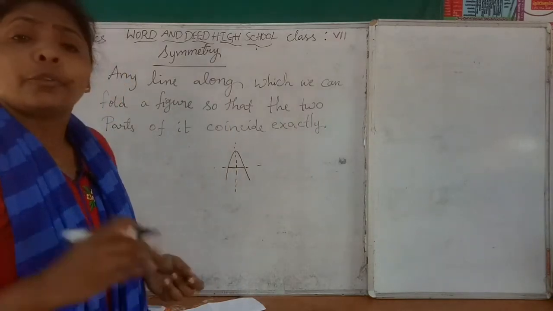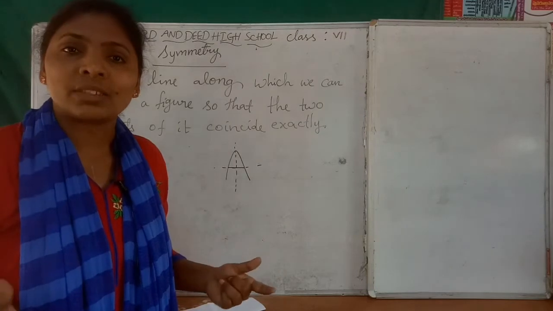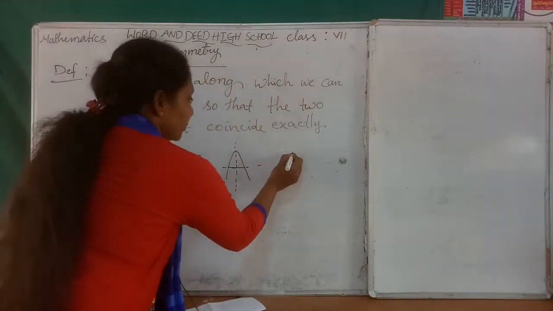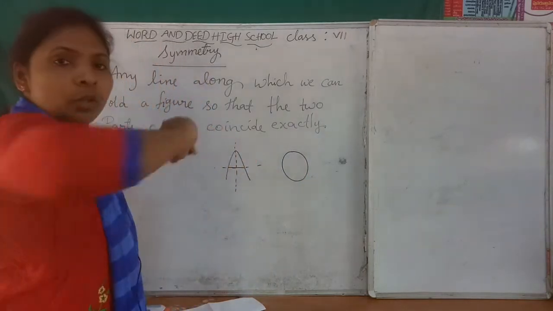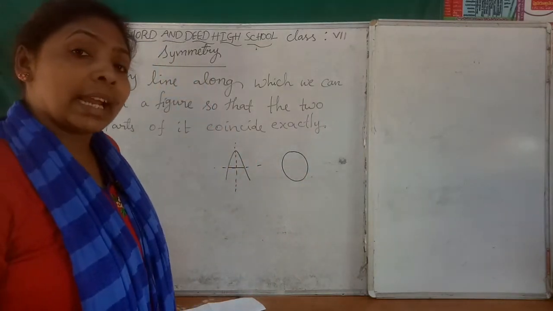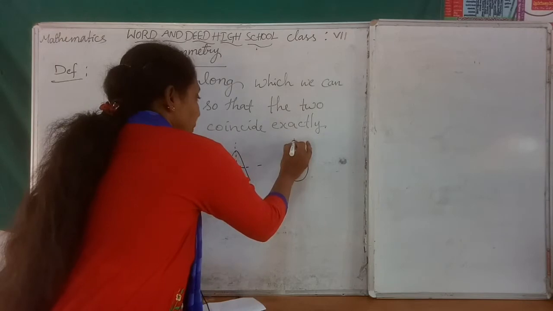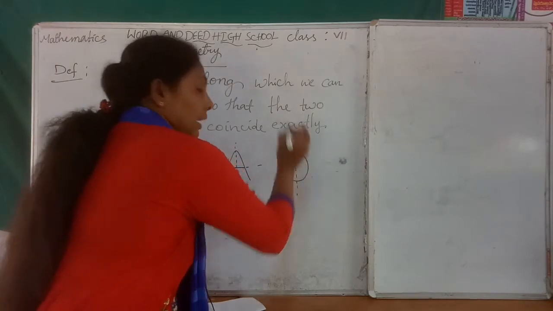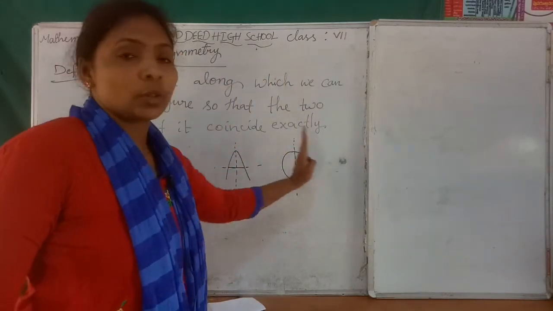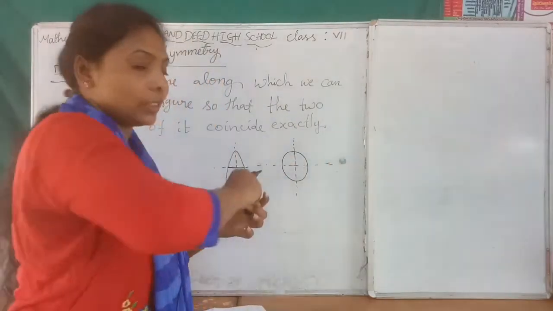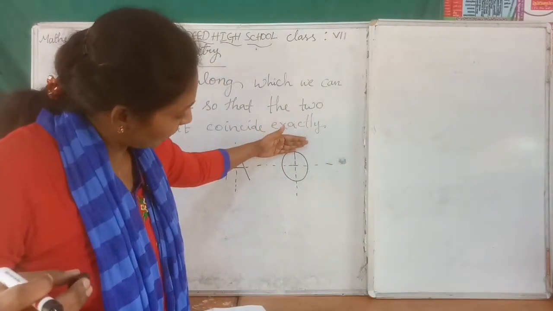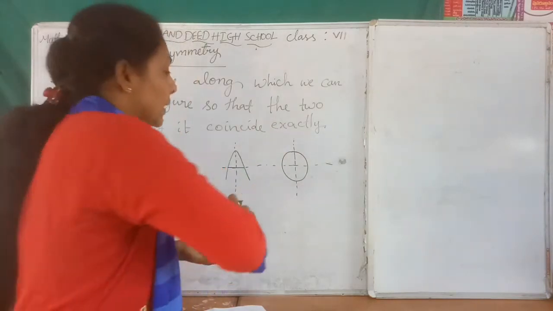Okay, so a few figures have many lines of symmetry. Suppose an alphabet only I am taking, children. Wow. So how many lines of symmetry does it have? See children, suppose like this I can divide, the two parts coincide with each other. Suppose like this I can divide because the two parts coincide.